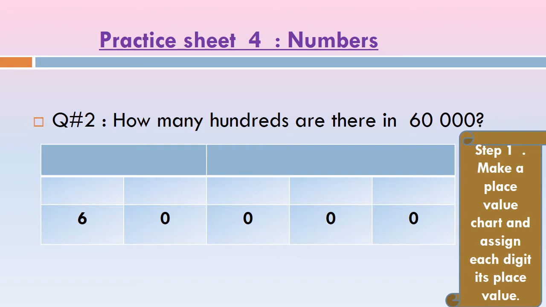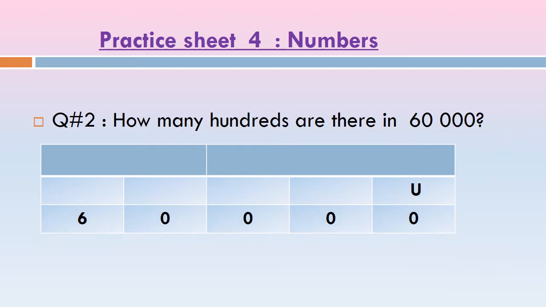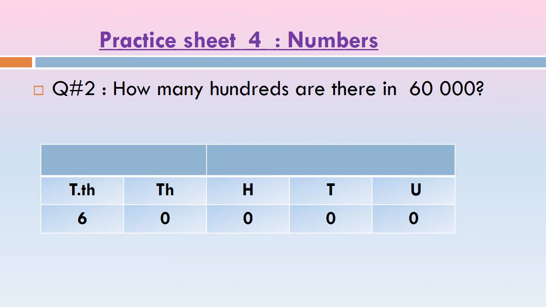Here the first 0 is at units place and the next digit, which is also 0, is at tens place, and the next digit 0 is at hundreds place, and the next 0 will be at thousands place, and the last digit, which is 6, will be at 10,000s place.